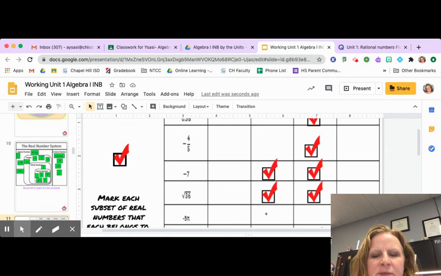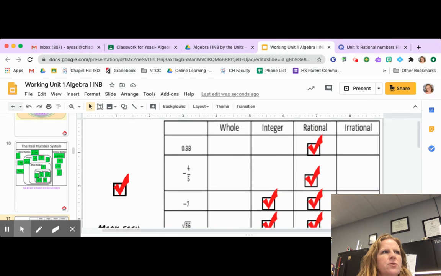-5 times pi is going to be irrational. Anything with pi in it, unless it's something over pi where they cancel each other out, that will be irrational.